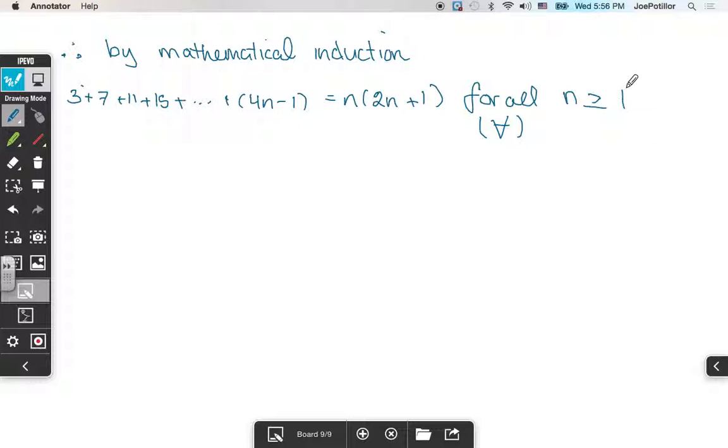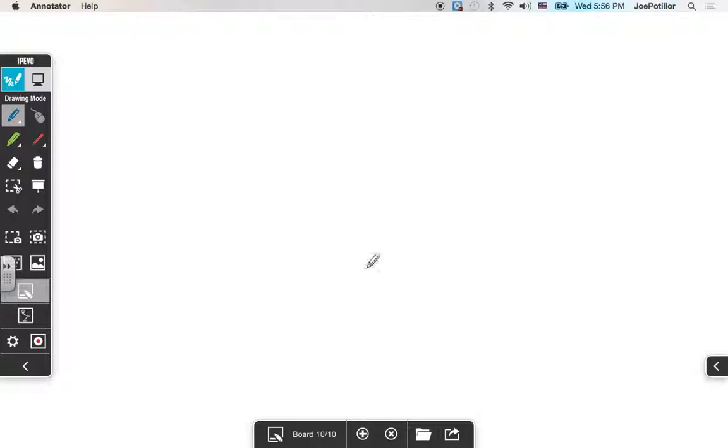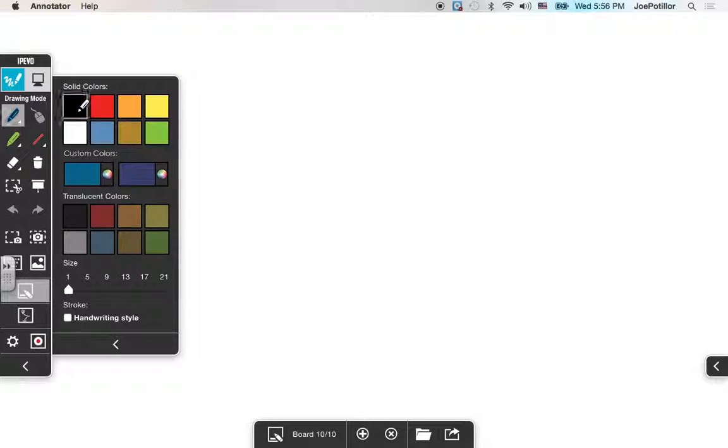Okay, that's how we do mathematical induction. It's a little bit long. I know it's longer than my normal 10-minute shut up clock, but these take a little bit extra time. So now that I've yapped my mouth for a little bit too much, I want you to try one on your own, which is similar to that problem. So let's have you try this.